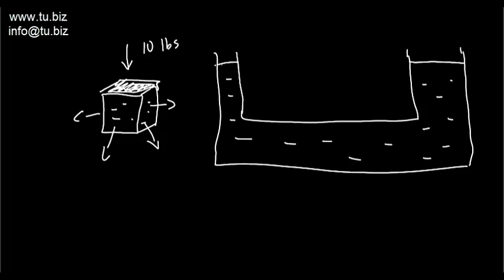Let's say this area over here is 1 square inch. The area, not the diameter, but the area is 1 square inch. And this area over here, let's make it 4 square inches.